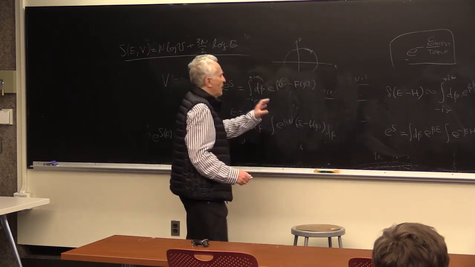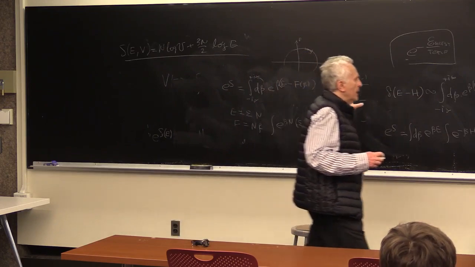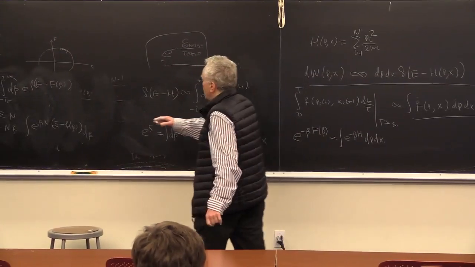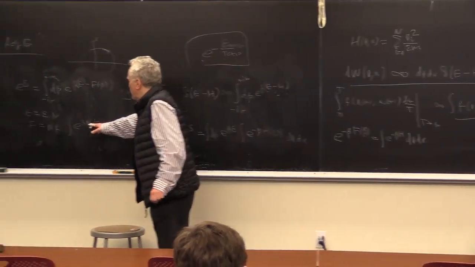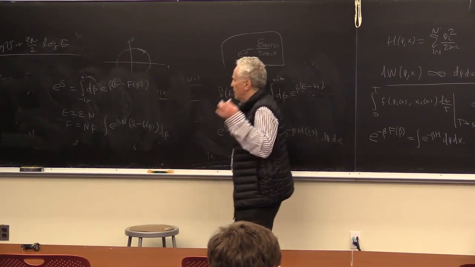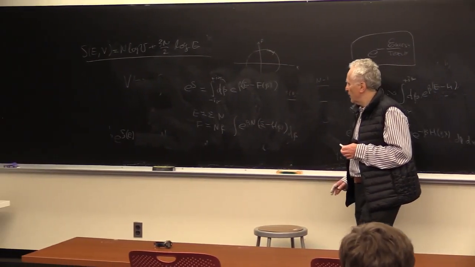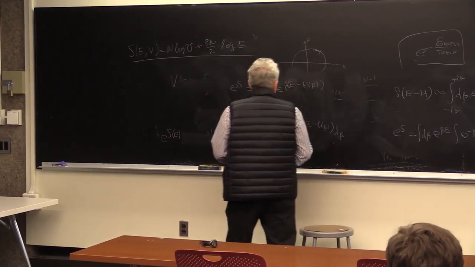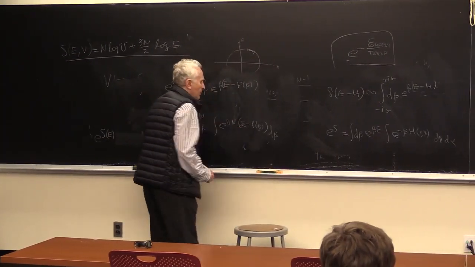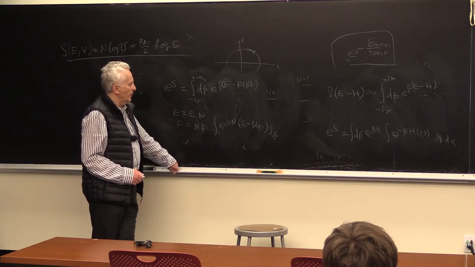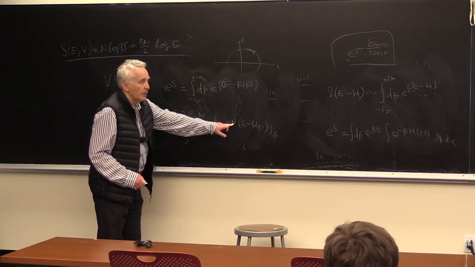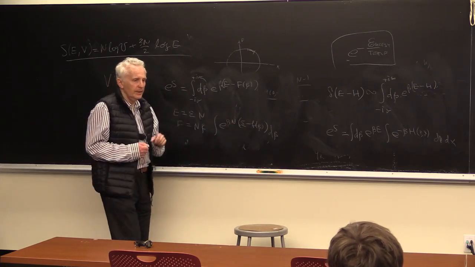And so we are now asking the question how to calculate the integral where the exponential is huge. So what can you say about it? What we are supposed to do is evaluate the asymptotic limit as n goes to infinity.